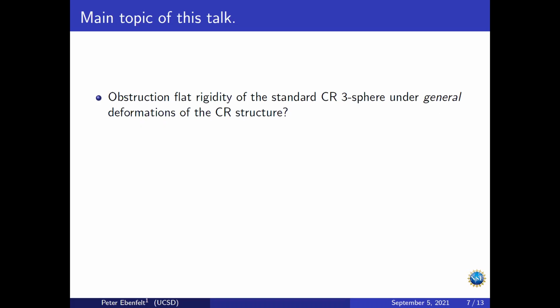Do we still have this rigidity property of the 3-sphere? That is, is it still true that if you take a deformed structure, if it is obstruction flat, it's still spherical, even if the deformation is not embeddable? And at first we thought the answer is yes, maybe that's possible, and that would be interesting.